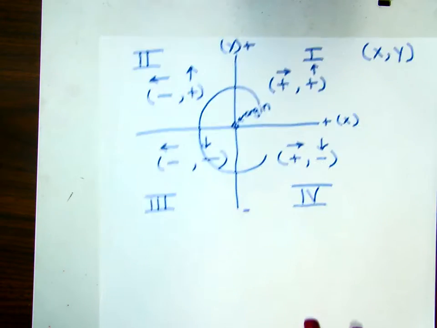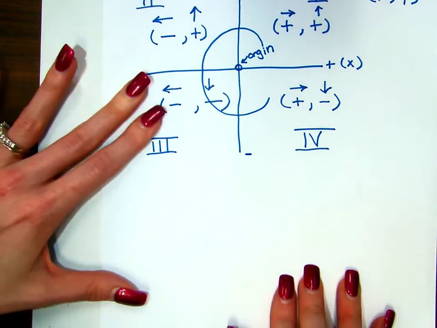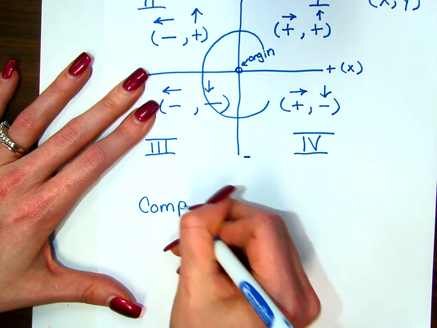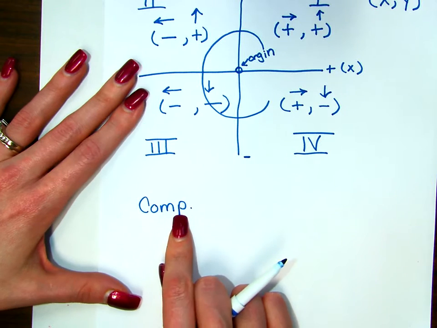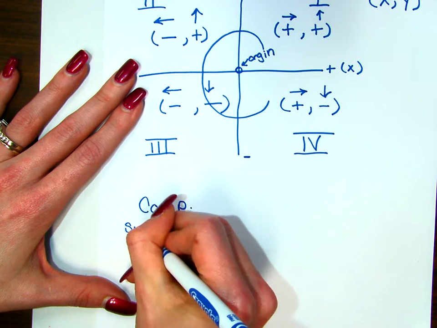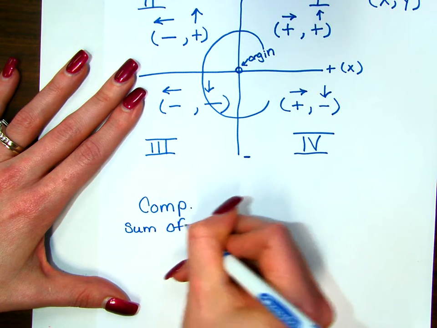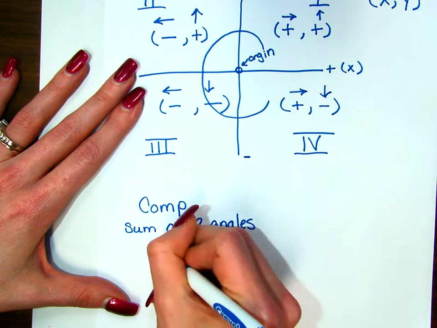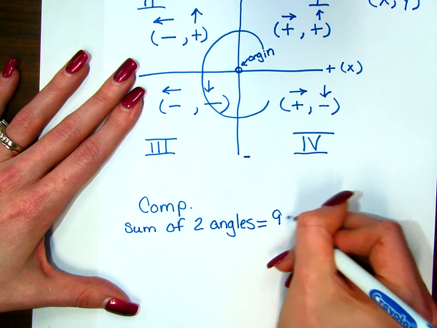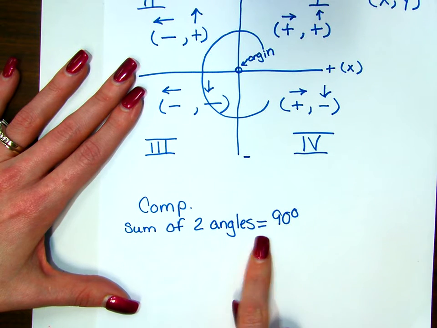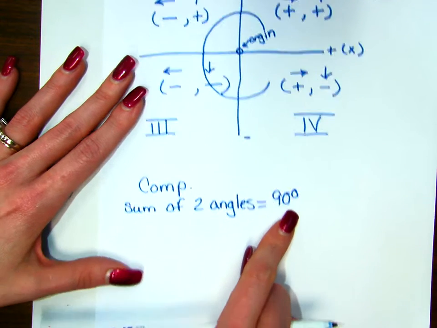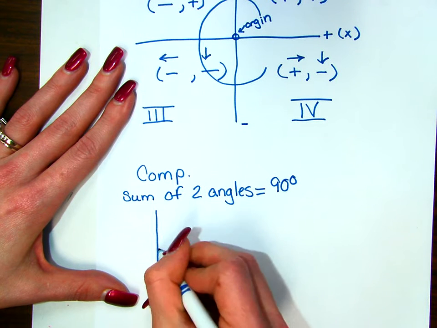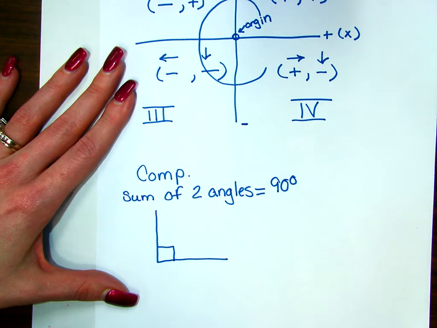Another thing I'm going to remind you of is complementary and supplementary. Remember, I said comp is the sum of 2 angles that equals 90 degrees. So complementary is the sum of 2 angles that equal 90 degrees. Most often you'll see complementary angles if they lie on that right angle.